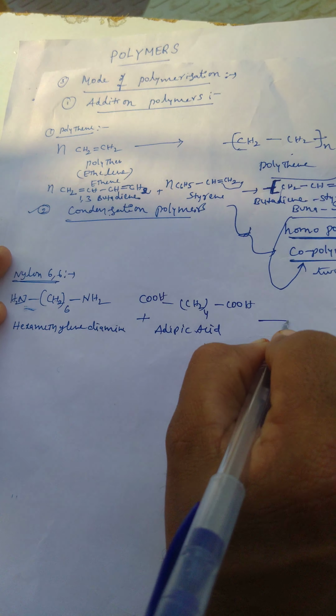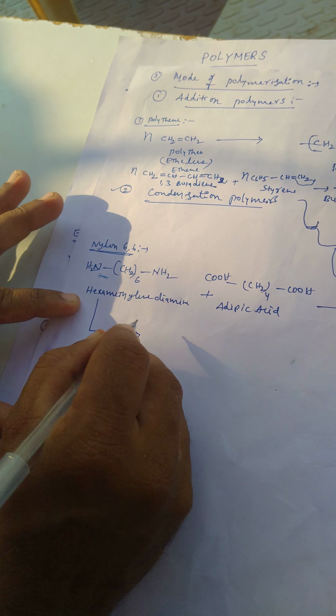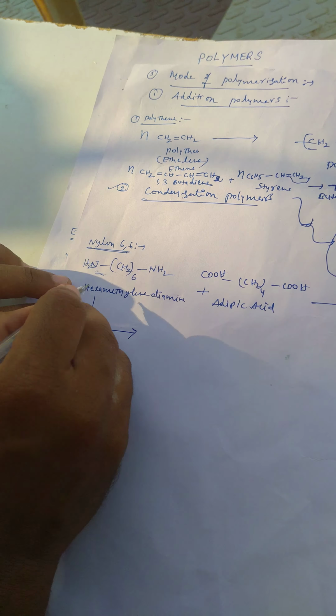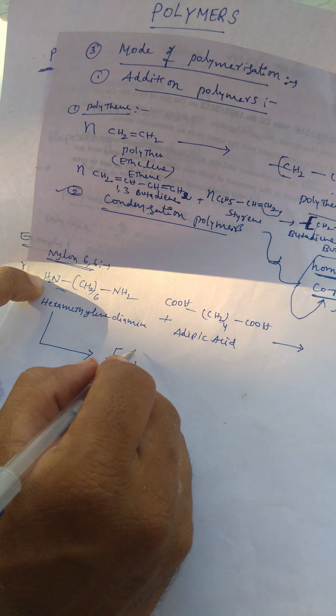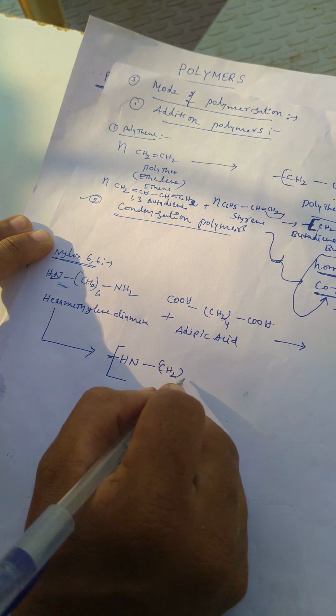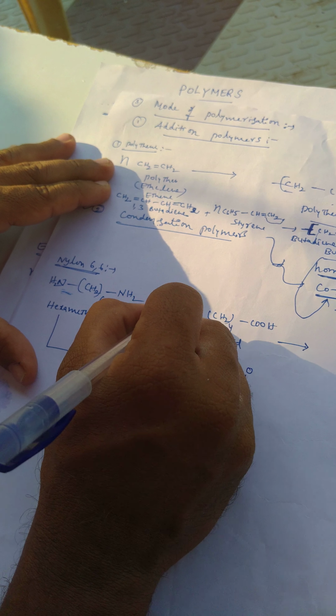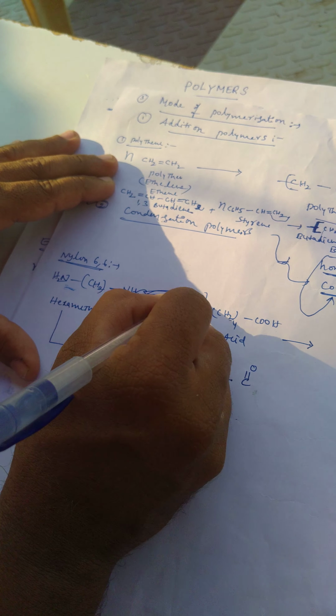Now actually I have to write this in one line, but as it is lengthy, I am writing the next line, children. When these two are mixed, see how the bond is, how nylon 66 is forming. From here I am starting, NH, CH2 taken 6 times, NH, and then C double bond O. From here OH, from here H, it is removed, children.